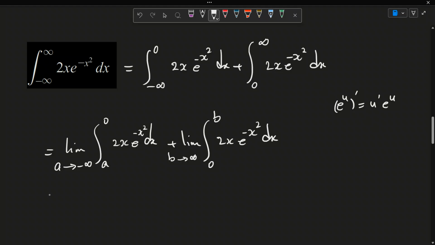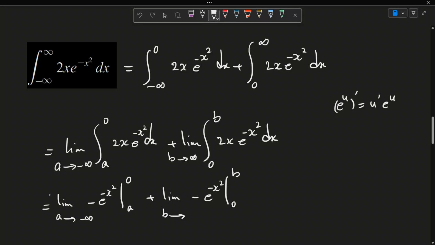So the first integral is minus e to the minus x squared from a to 0, a approaches minus infinity, plus minus e to the minus x squared from 0 to b, b approaches infinity. First integral in the upper limit is e to the 0, 1, by that negative sign, minus 1, minus.